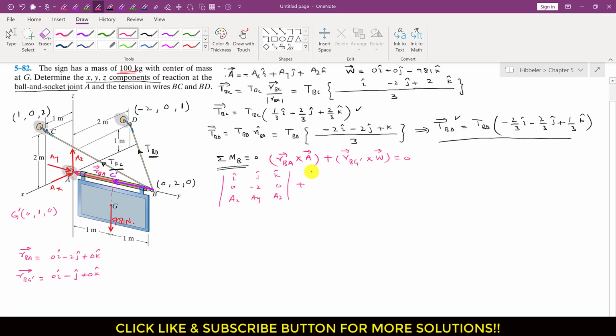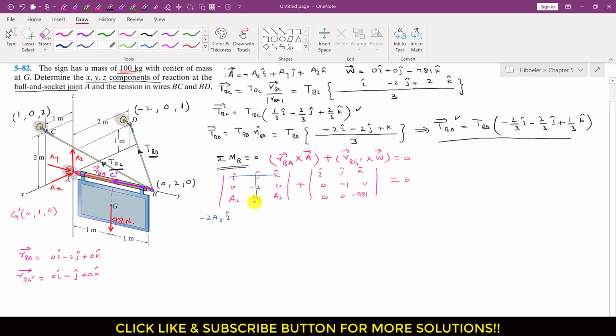Similarly, RBG dash: i, j, and k, and RBG dash is 0, minus 1, and 0, and weight is 0, 0, and minus 981, and this will be equal to 0. Now to find this determinant, this will be minus 2AZ minus 0 into i, so this is minus 2AZ i.